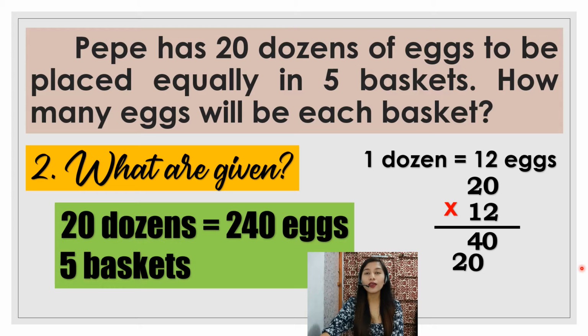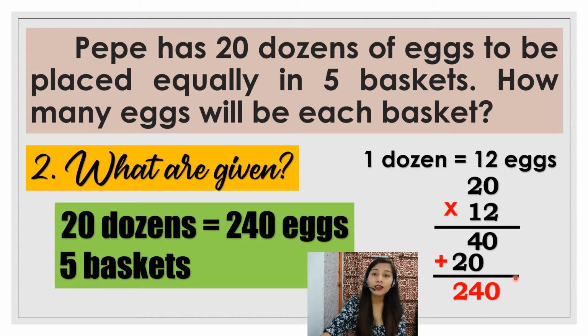And then we add. So 0, bring down 0. 4 plus 0 is 4. And then bring down 2. So we come up with 240 eggs. So 20 dozens is equivalent to 240 eggs. Okay?